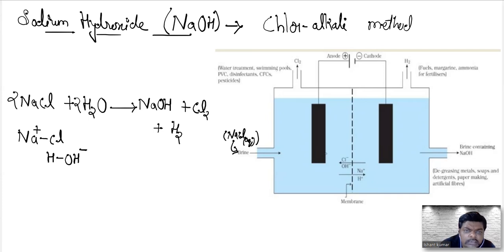Due to this, from the anode side we will get chlorine gas, and from the cathode side we will get hydrogen gas. Though both are positively charged, Na and hydrogen are attracted towards the cathode rod, and we produce hydrogen gas here. The remaining Na and OH, when they come in contact at the membrane, produce NaOH.